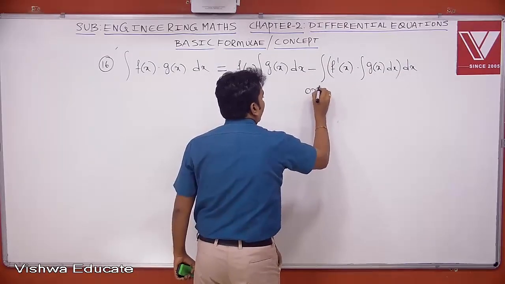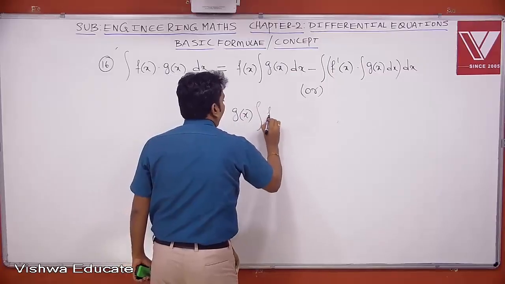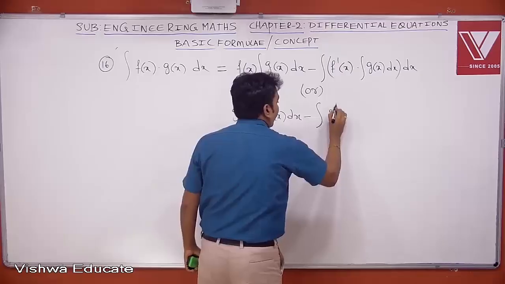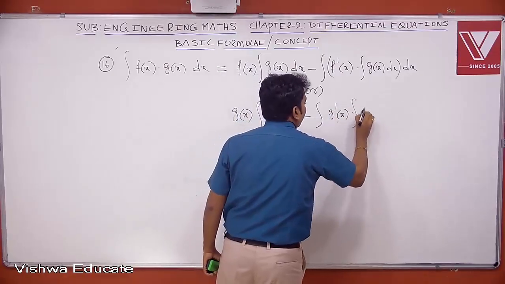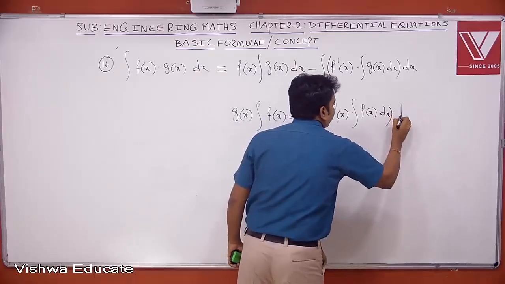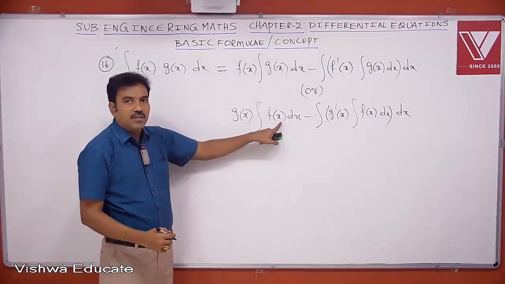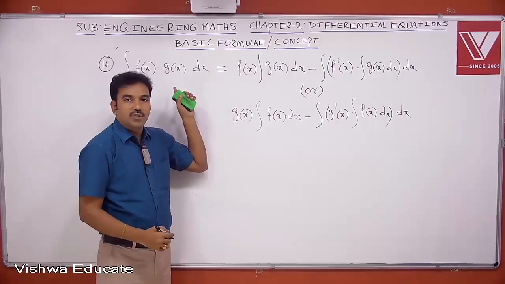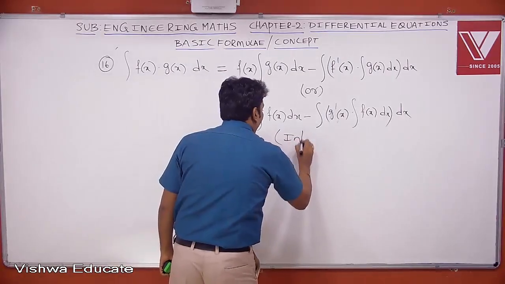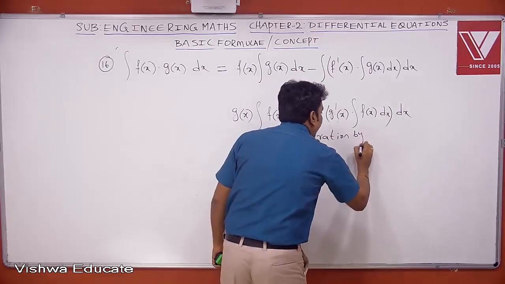Or this is equivalent to g of x into integral f of x dx minus g dash of x into integral f of x dx whole dx. So either in this case or in this case you get integral f of x into g of x dx, and this formula is called integration by parts.